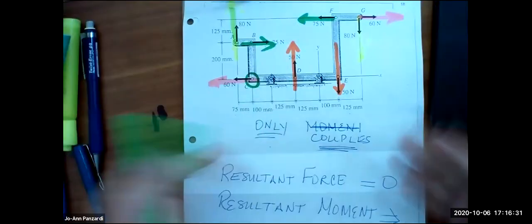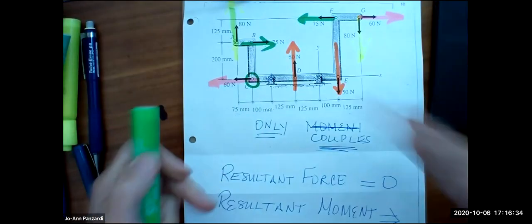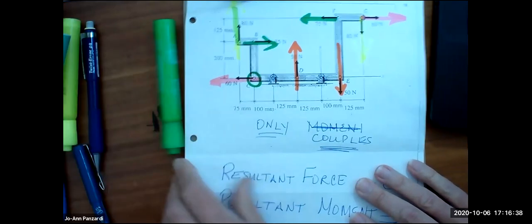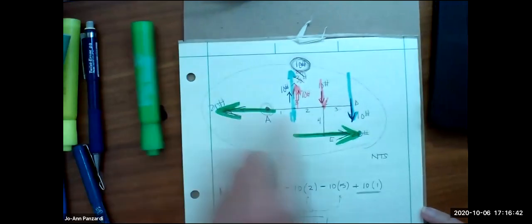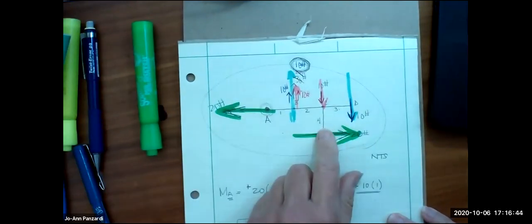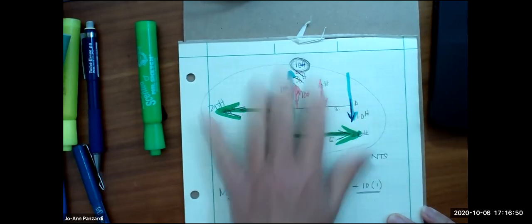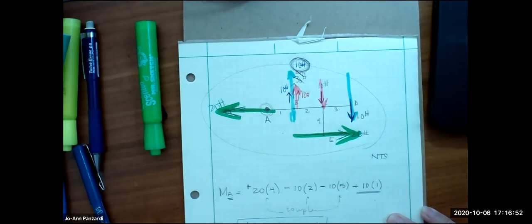Well, they're all couples, so you just calculate them quickly. You don't have to do everything about point C. What's most realistic is a problem with some couples and some not couples, where we're still finding a moment about a point, but because there are couples, it simplifies the math.